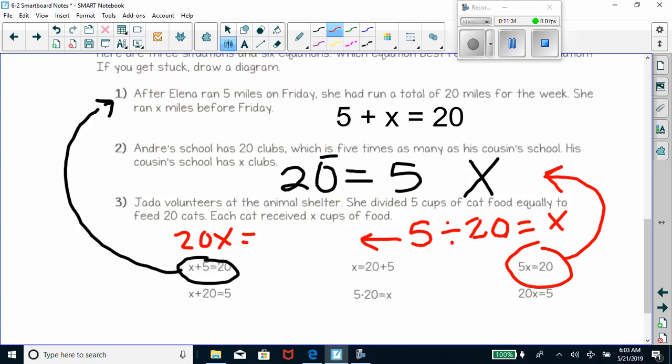So 20 times X equals 5. And when I rewrite it that way, I recognize that it is this equation. And I think that's a tricky one, kind of because of the way the problem's written.